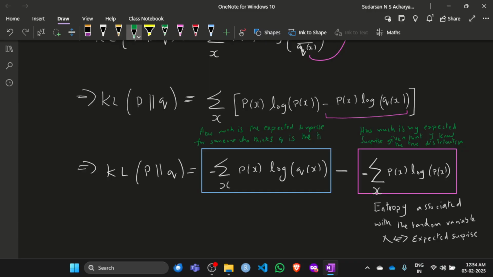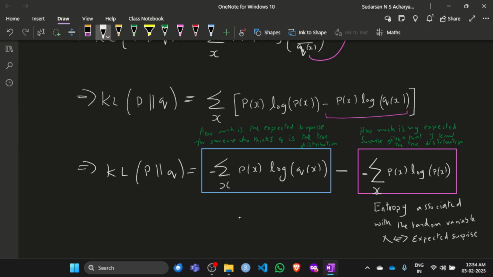Q is not the true distribution, right? But they think Q is the true distribution. So they know there's a particular function Q. For every input x, it gives the output. Then they calculate the surprise.